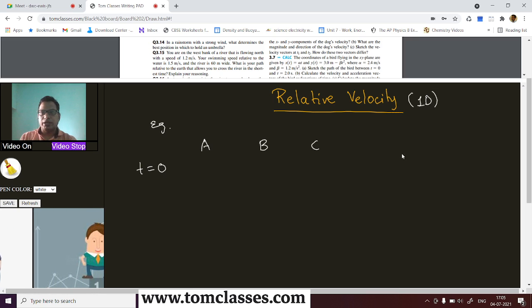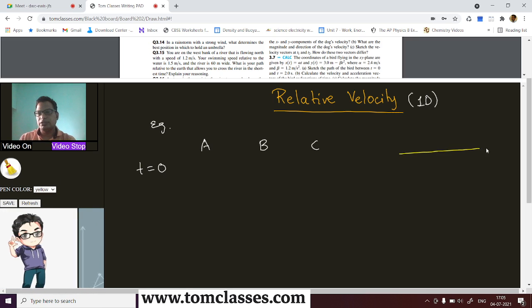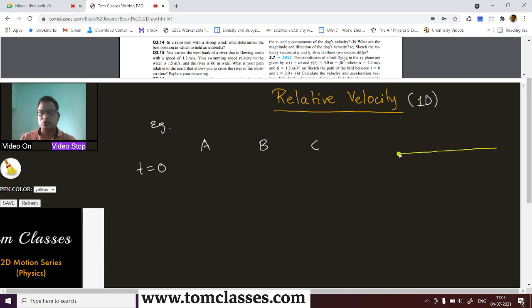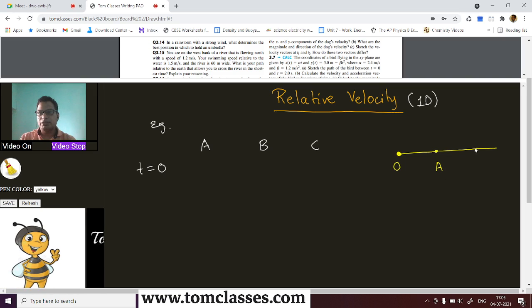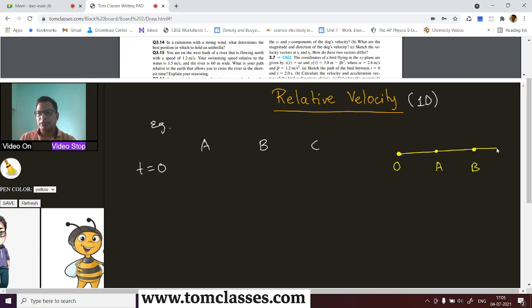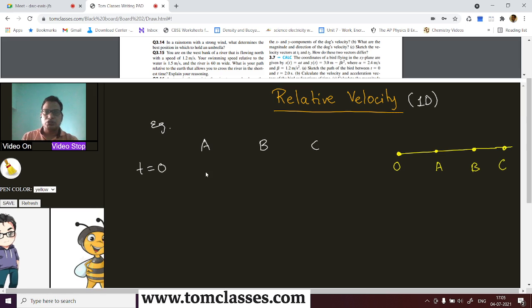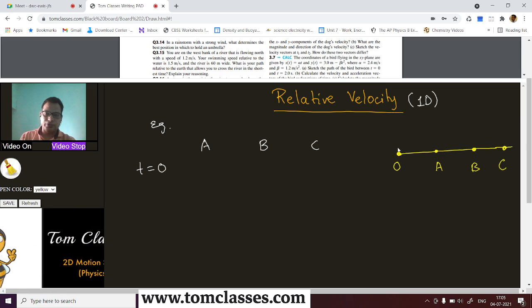In this one dimension, this is the origin, and let this be the position of A, this of B, and this of C, right? It is like this.